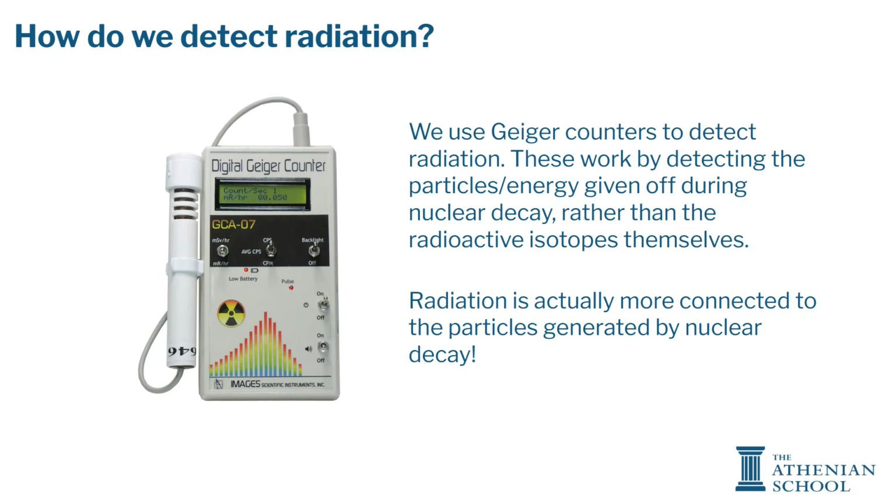So if you're trying to figure out, okay, is uranium-236 around, you'll be able to detect the radiation coming from it, but you wouldn't necessarily be able to detect the specific isotope. It's more, oh, this is this sort of decay that's happening, and therefore I'm able to detect that there is radiation going on. So when we say the word radiation, we're more talking about the particles that are being generated by nuclear decay.